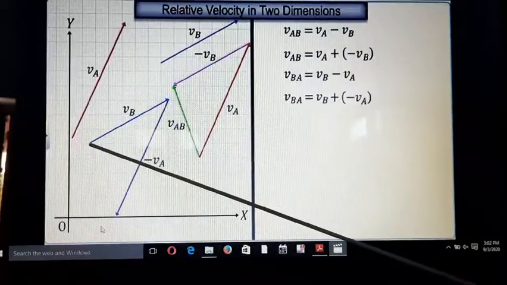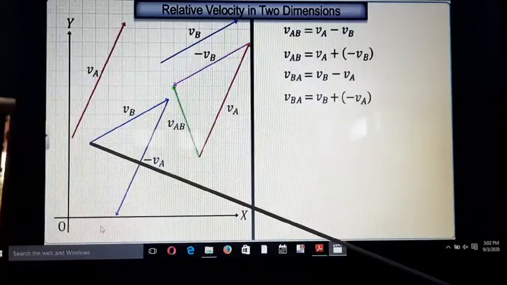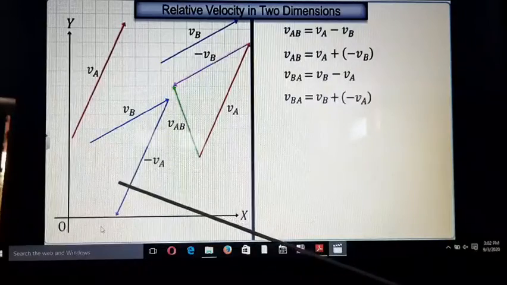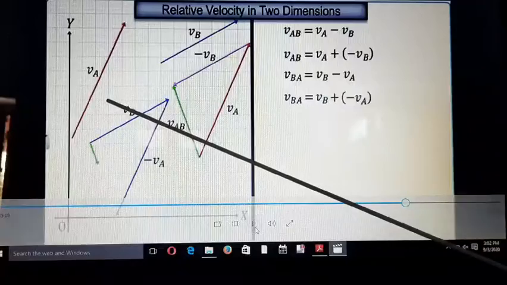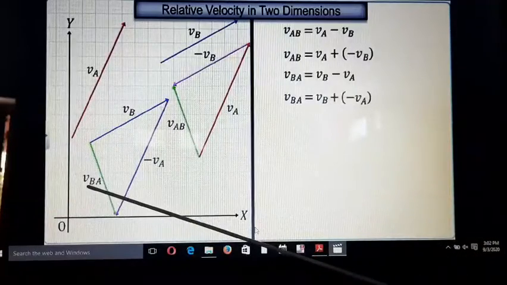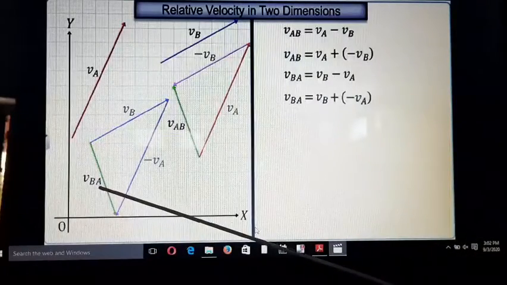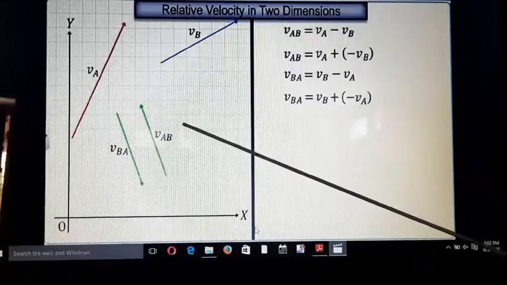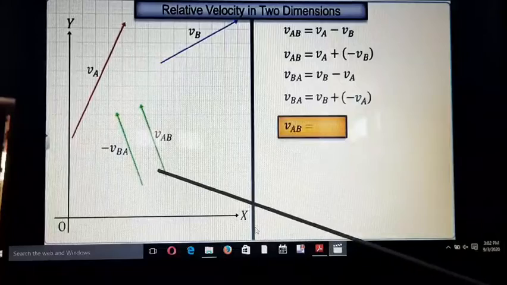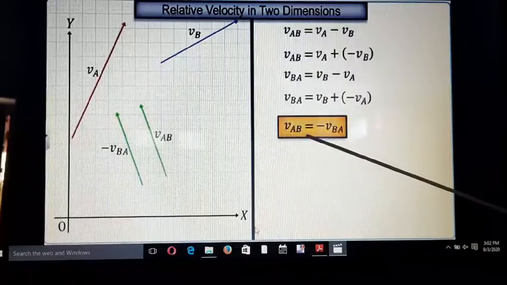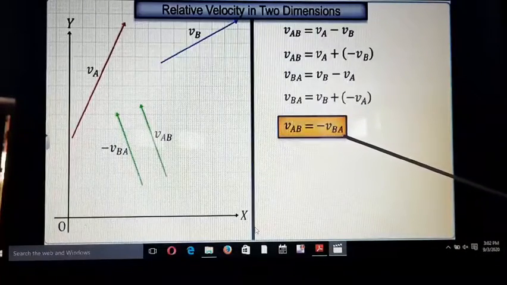So join the tail of the first vector to the head of the second vector. It is called the resultant vector. So we get Vba. Here Vba and Vab are in opposite directions. But now we take the minus sign, so both are in the same direction. So Vab is equal to minus Vba.